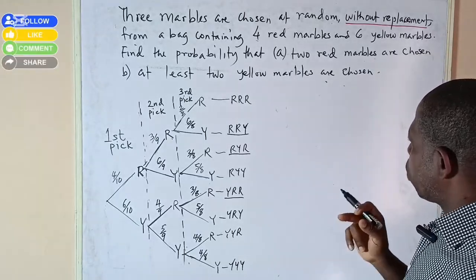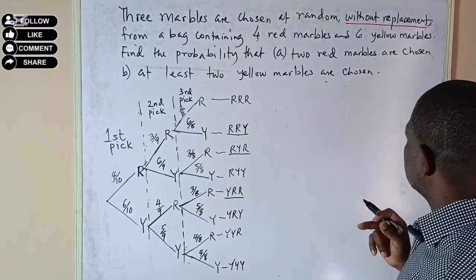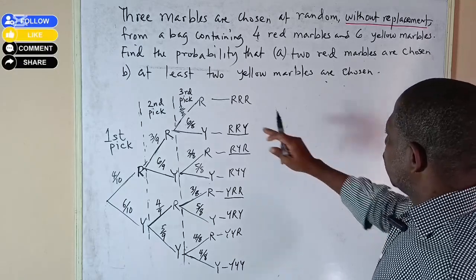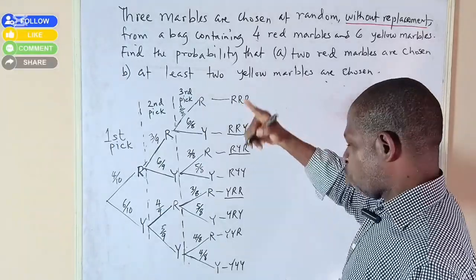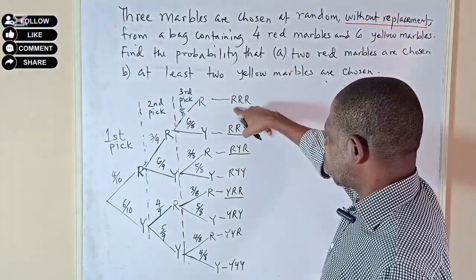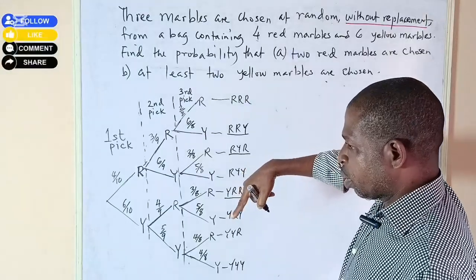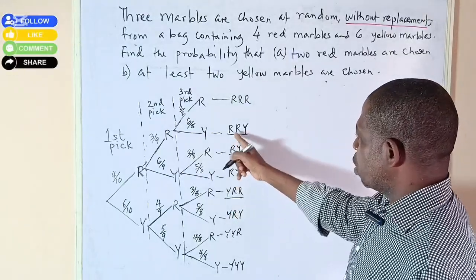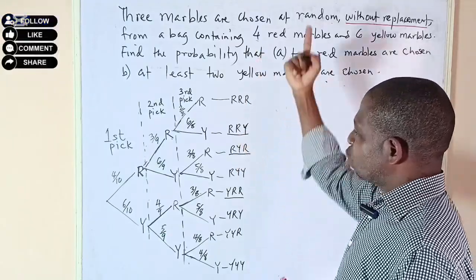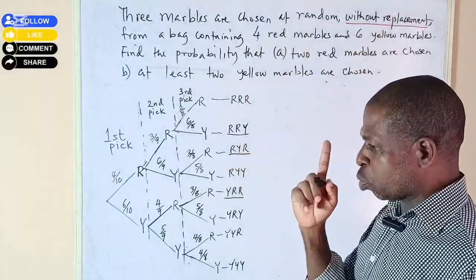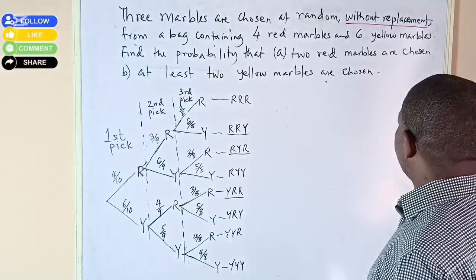How do we find their probability? Again, let me say that this outcome here means a red is chosen first, and a red is chosen second, and a red is chosen third. And in probability "and" is multiplication. We'll take note of that.